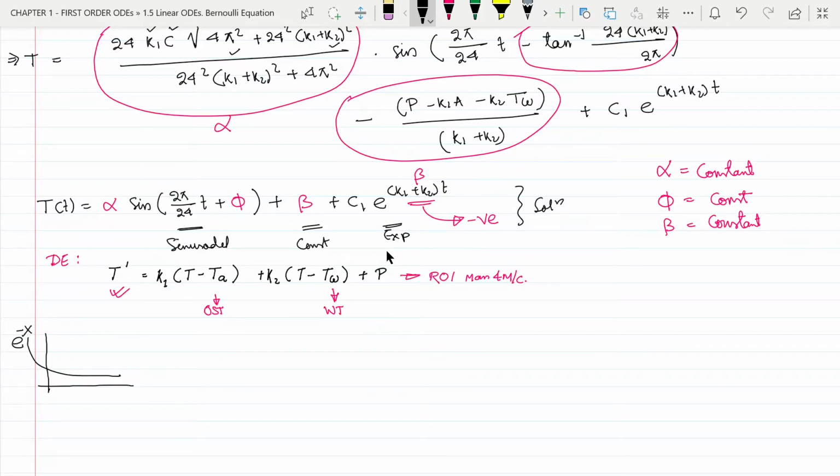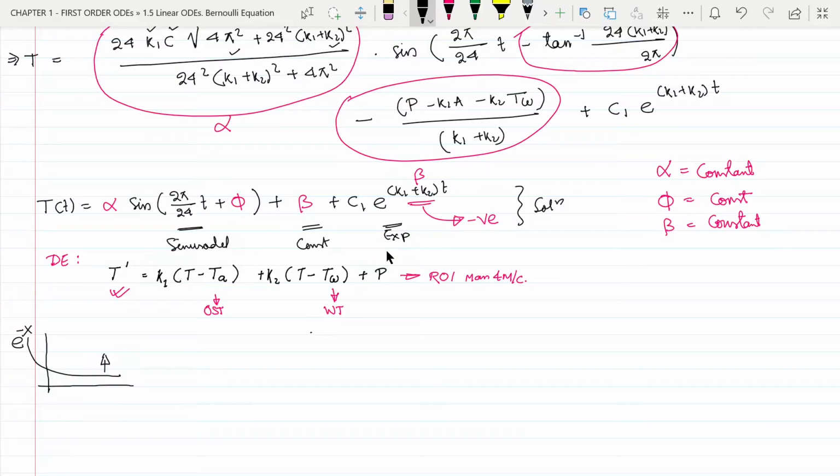Now what would happen if we add beta, a constant, to the e to the power x graph? That would shift this e to the power x term upwards or downwards by beta amount, depending upon the sign of beta.